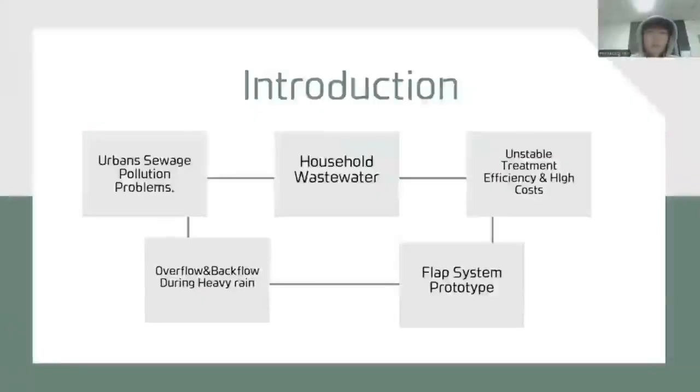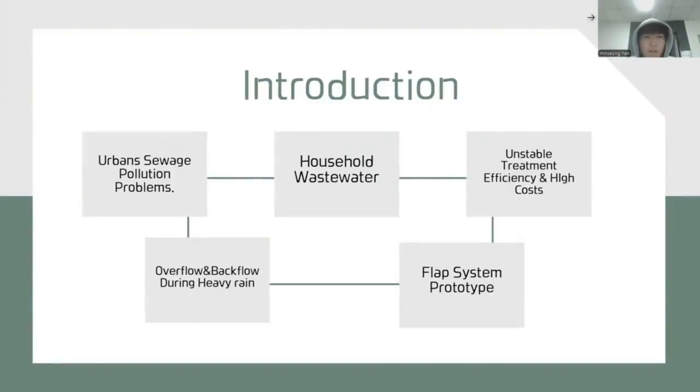Our team worked on this project to address the real-world problems of urban sewage pollution and backflow problems caused by sudden increases in sewage inflow. Currently, sewage from homes contains not only solid oils and organic matter, but also microcontaminants. Central sewage treatment plants have variable treatment efficacy and high maintenance costs, making it difficult to reliably remove all contaminants.